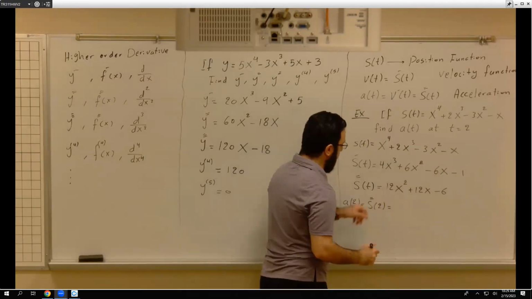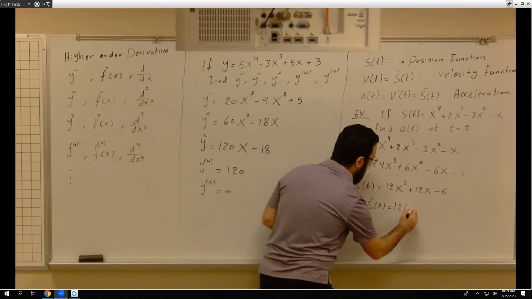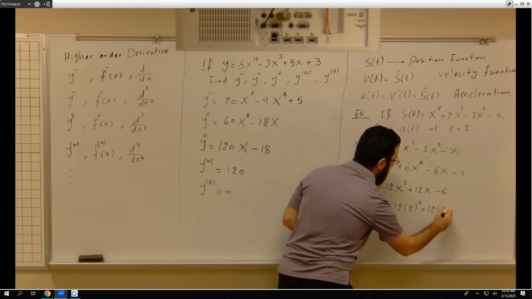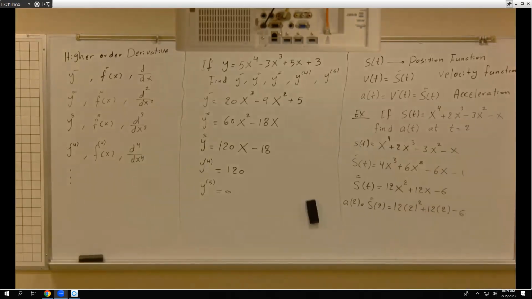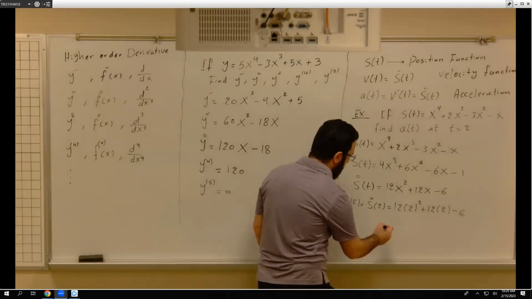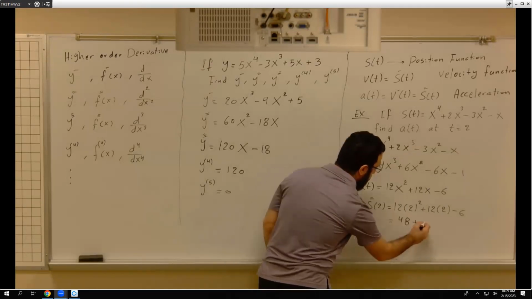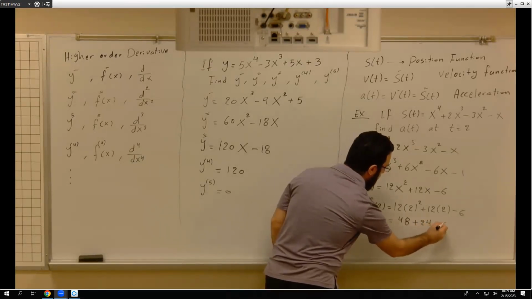So plug in 2 here, so it'll give you 12 times 2 squared plus 12 times 2 minus 6. 12 times 4 is going to be 48. 48 plus 24 minus 6.